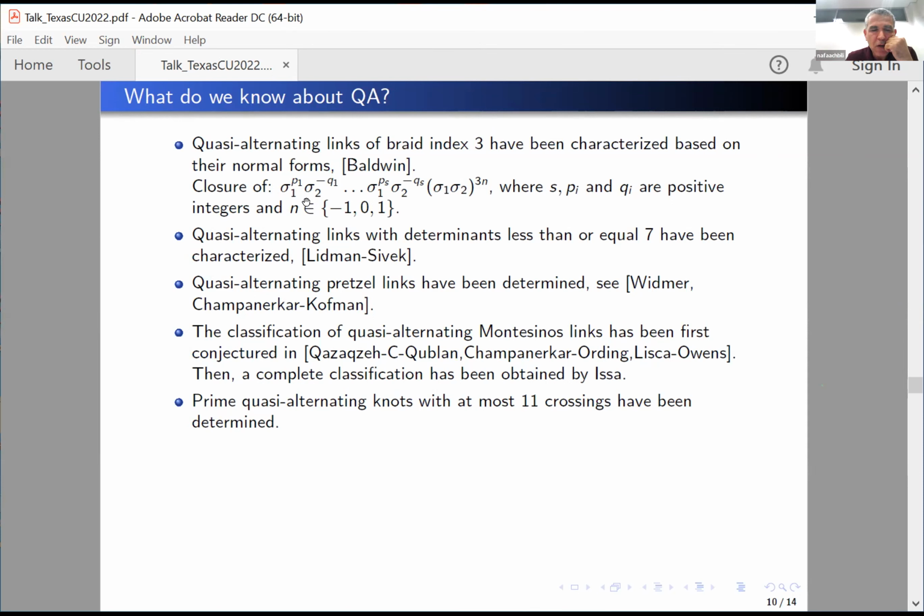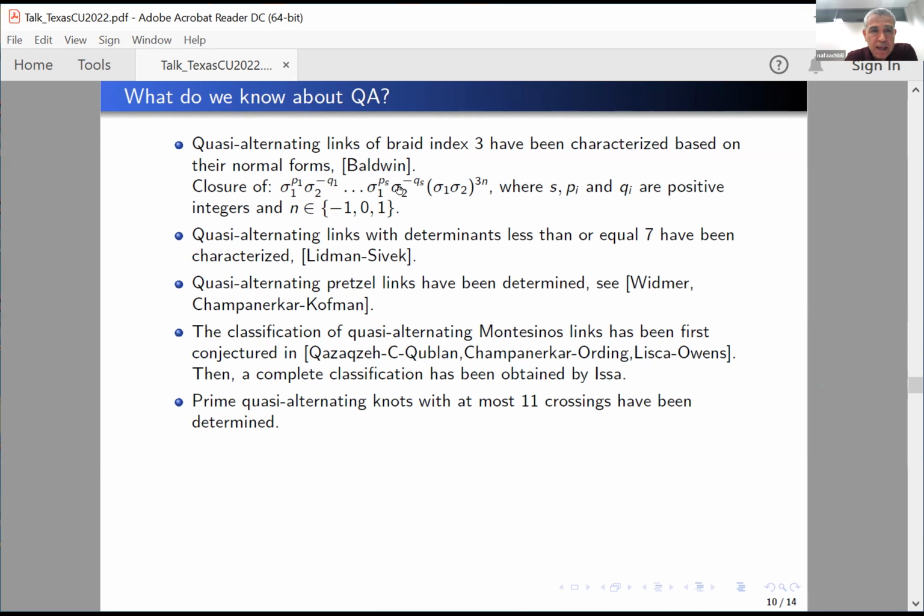The normal form of a quasi-alternating braid that represents a quasi-alternating knot of braid index 3 is an alternating braid plus a twist (sigma 1 sigma 2) to the power 3n, where n is negative 1, 0, or 1. Either there is no twist and then you have an alternating knot, or a positive twist or a negative twist. You cannot have multiple twists.